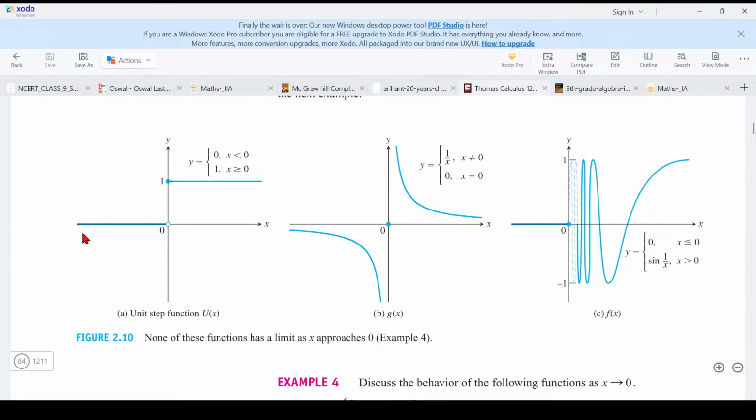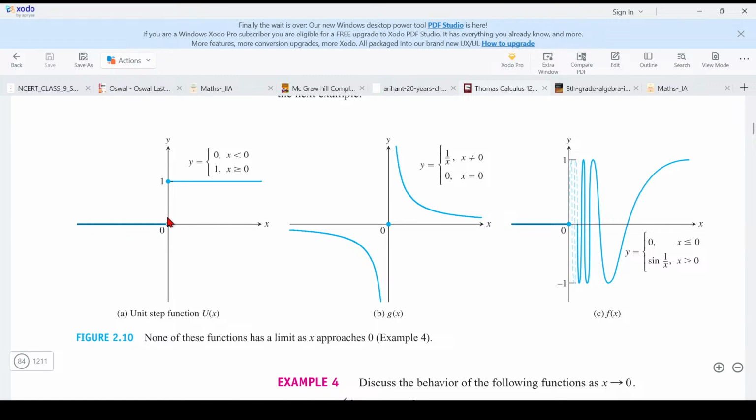When you are inputting x as -2, -1, -0.5, -0.2, whatever, what is the value of the function approaching? Is it 0 or is it 1? We cannot say. When you are approaching from negative numbers, the value of the function is approaching 0. Or in fact, it is always 0.